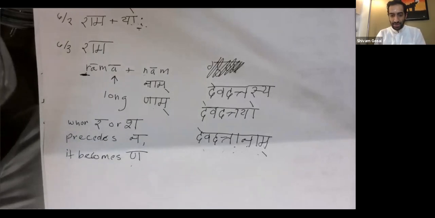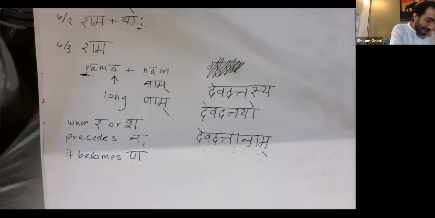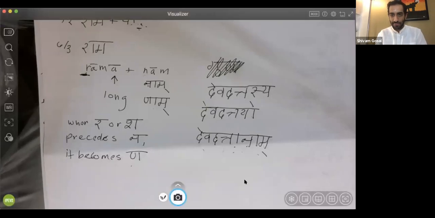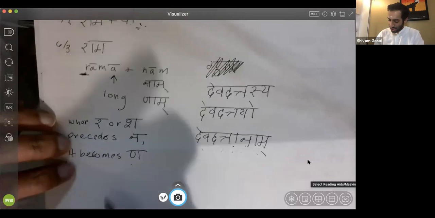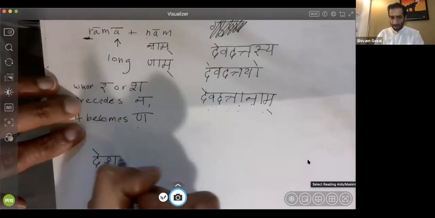So you can practice with the ones under Rama shabda. There's so many words. Anybody else want to mention one of the words under Rama shabda on page 89? On page 89, Rama shabda is there. Any other words that you want me to work on? Desha, okay? So Desha, right?